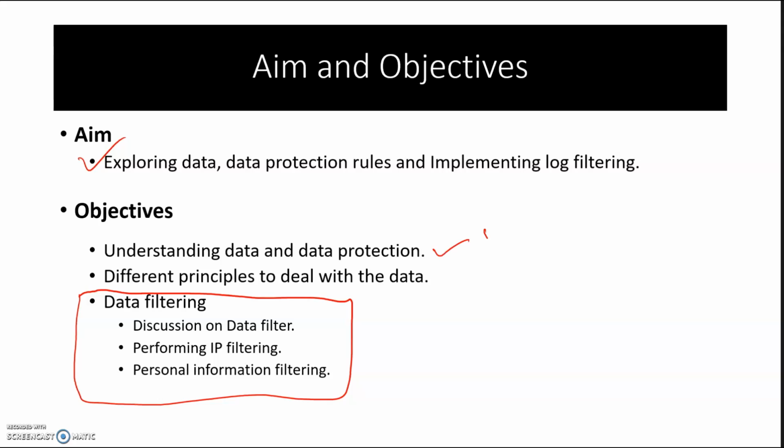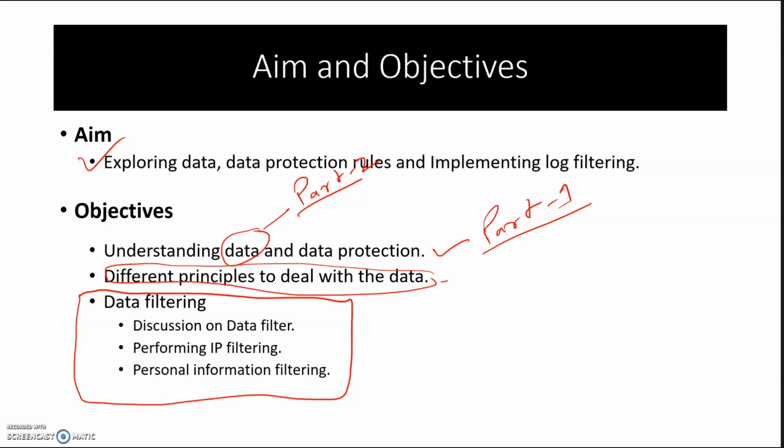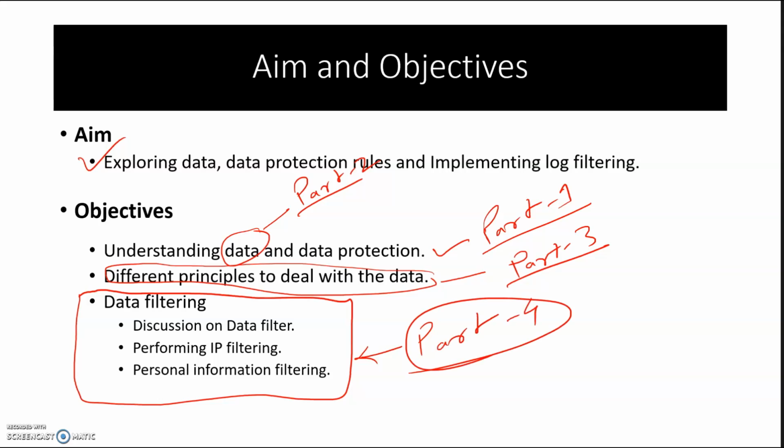This one we completed in part number 1. This one we completed in part number 2. And different principles we discussed in part number 3 of week 7, and this is the objective we will cover in part number 4, that is in this part.